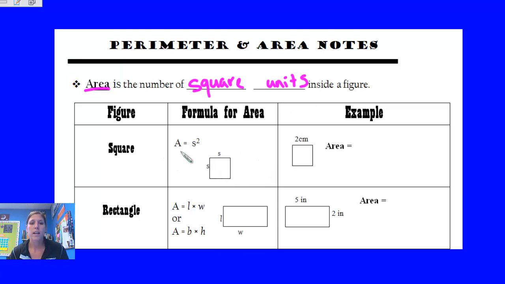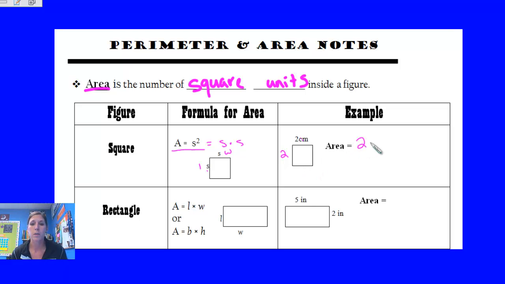So for a square, the area might look funny. We do s squared or s times s. This also means s times s, which just means side times side. You could also think of it as length times width. You could think of it as base times height, whatever helps you remember it. But when you have a square, you know that on the example side, 2 times 2, because all sides are the same, 2, because it is a square.